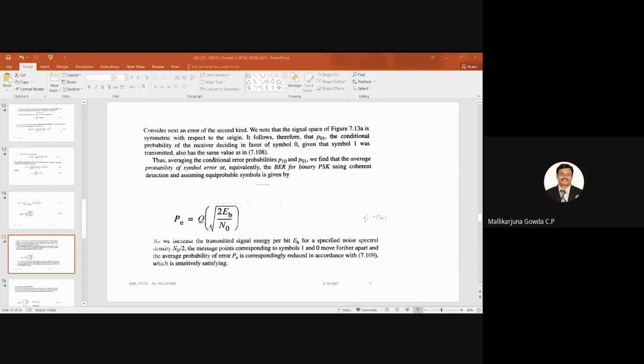We are increasing the distance between the message points, right? So with that, the possibility of wrong decisions is going to reduce. Okay, so the average probability of error will be reduced if the transmitted signal energy is increased. So I hope you are able to understand what I am saying.